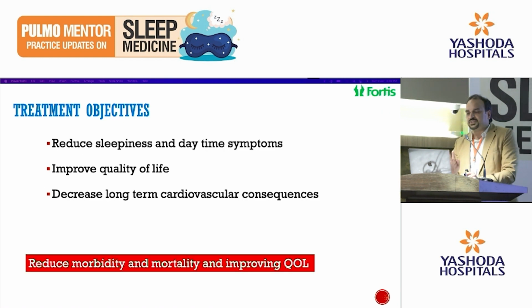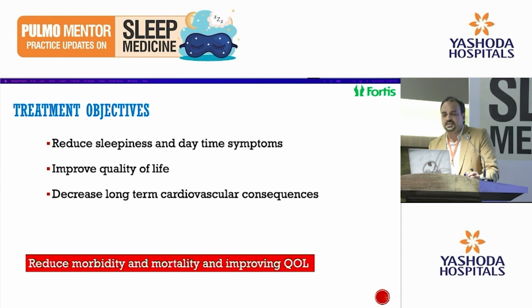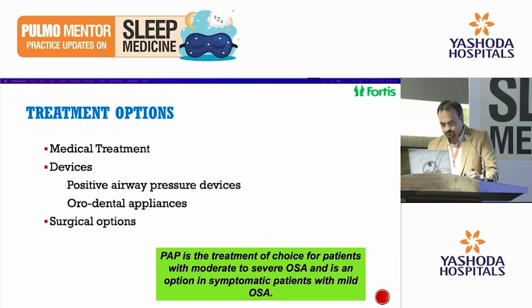What are the treatment objectives? What do we want to achieve with this therapy? We want to reduce the daytime symptoms of the patients, improve the overall quality of life, decrease the long-term cardiovascular consequences in terms of morbidity and mortality, and improve the overall well-being of the patient. So what are the treatment options? We have medical management.